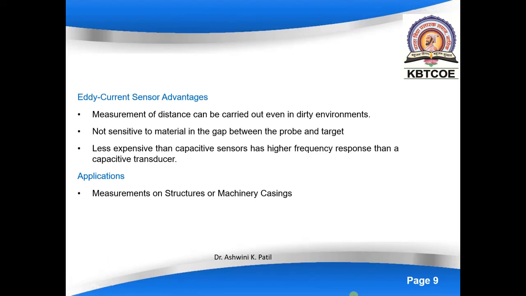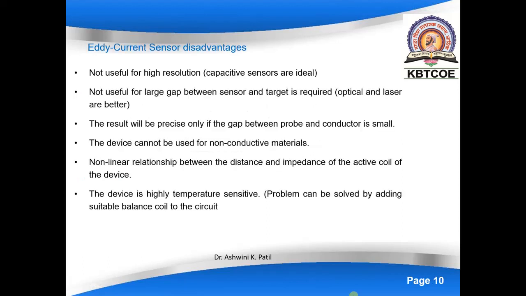It is not sensitive to the material in the gap between the probe and the target. These are less expensive as compared to the capacitive sensor, and also these sensors are more precise. They can give high frequency response as compared to the capacitive transducers. The applications are for the measurement of vibration or acceleration in the mechanical industries.